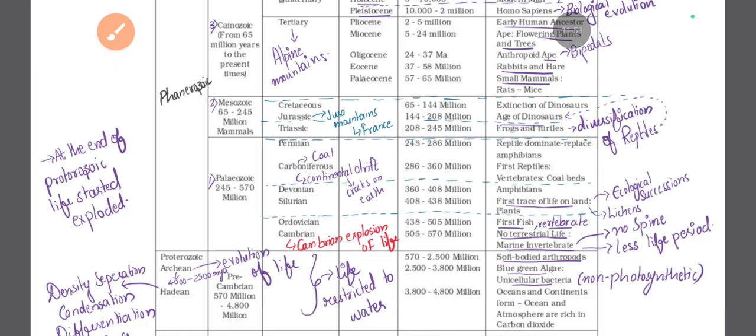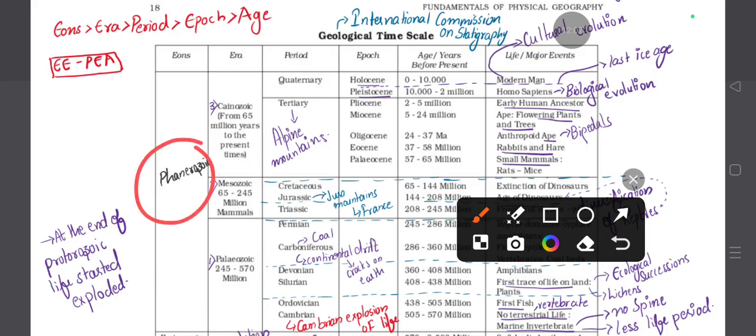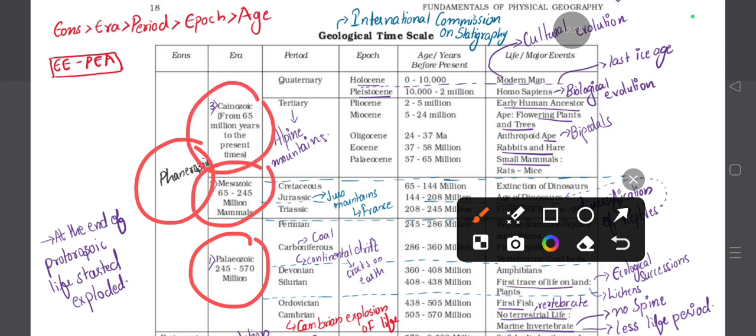Hadean, Archean, Proterozoic and Phanerozoic are the different eons till now, and we are living in the Phanerozoic eon. If you divide the Phanerozoic eon into eras, there are 3 broad eras: Paleozoic era, Mesozoic era, Cenozoic era.